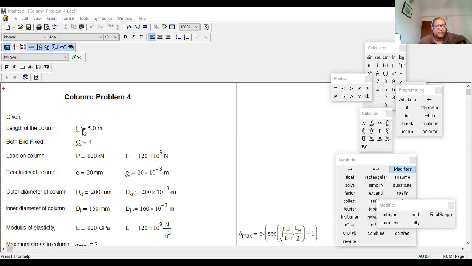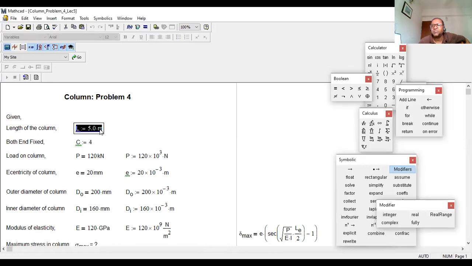The length of the column is given, 5 meter, and it is fixed at both ends.